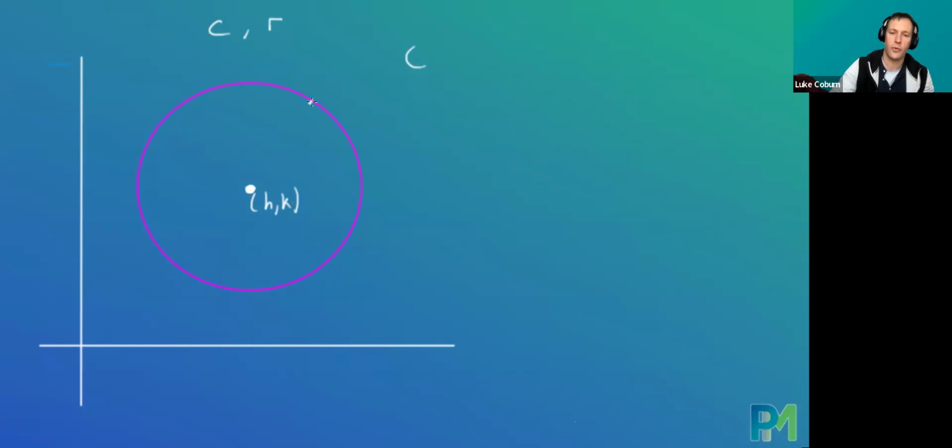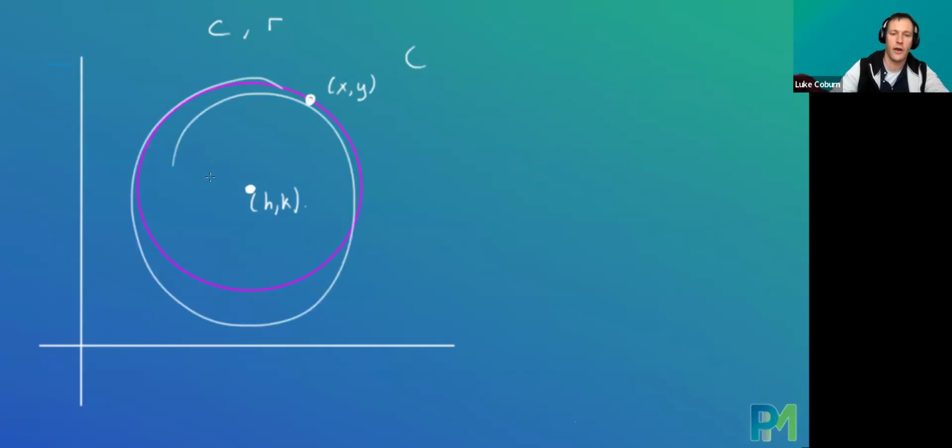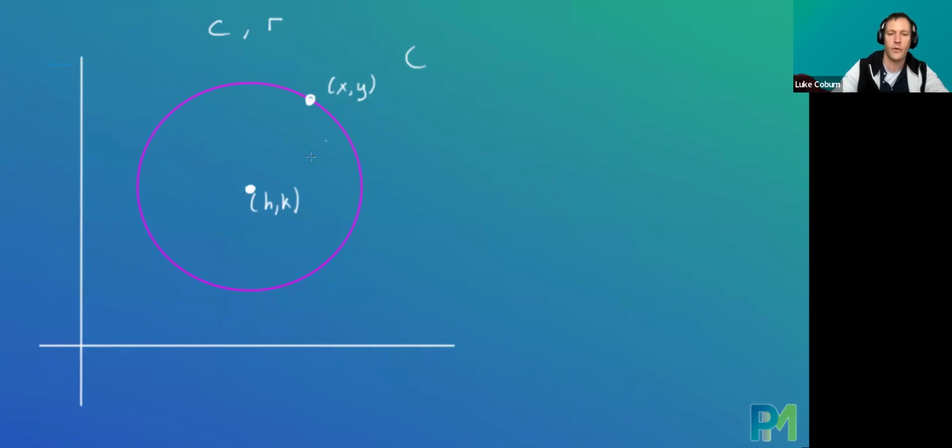Okay, and then we have another point here, XY. And this point XY, see, I'm actually drawing it in a specific location, but what I want you to think is that point could be anywhere. This point is just like a bead that's sliding around, like the circle could be anywhere, right?